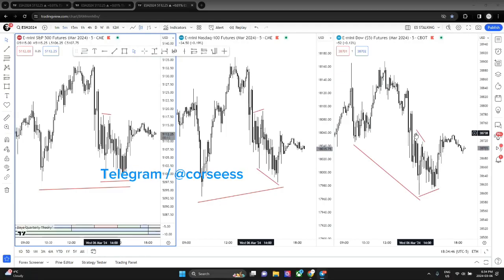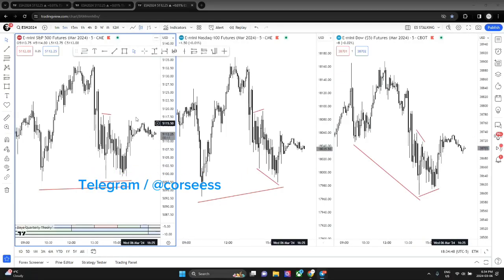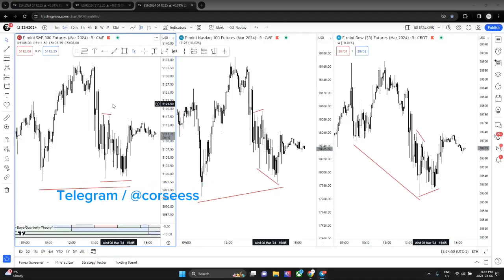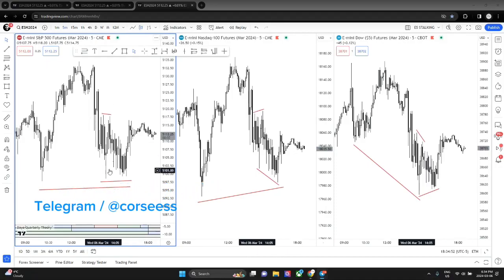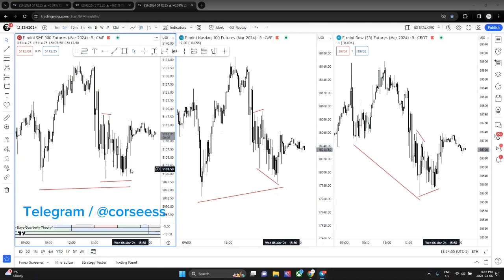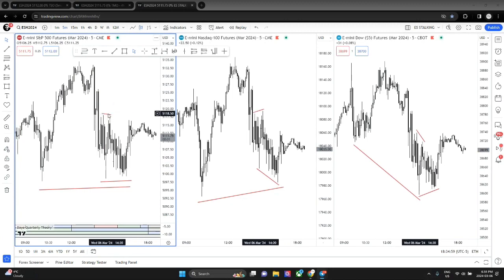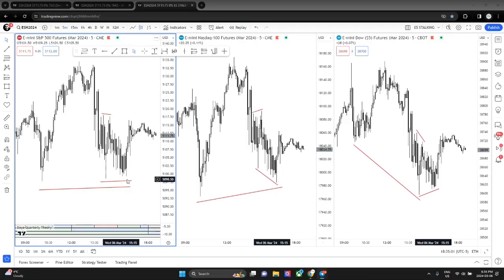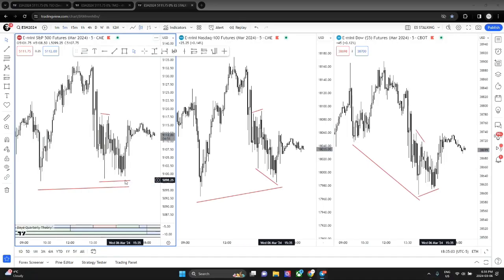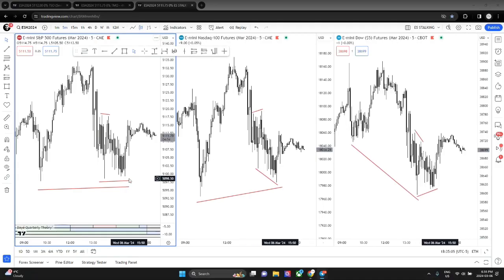So this is another way of price creating low probability conditions. First of all, we had sequential SMT here. We had sequential SMT here as well. But the price closed higher. It rallied. Why did it rally? The sequential SMT, it's right here.